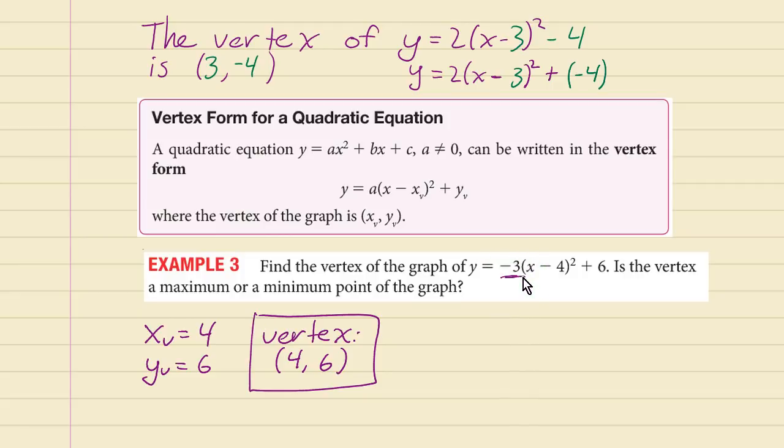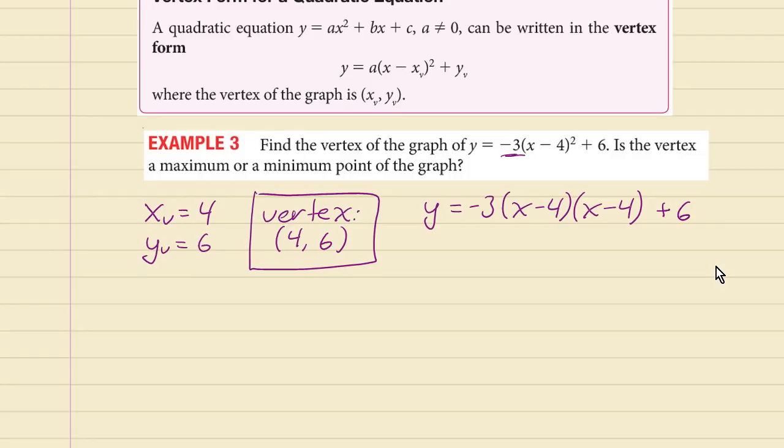Okay, now how do we know if it's a maximum or a minimum point of the graph? Well, it has to do with this number -3 here, and let's see what happens when we FOIL this out. If we do y equals -3 times (x minus 4) times (x minus 4) and then plus 6, the (x minus 4) times (x minus 4) part is going to become x times x is x squared, minus 4x minus 4x is going to give you a total of -8x.